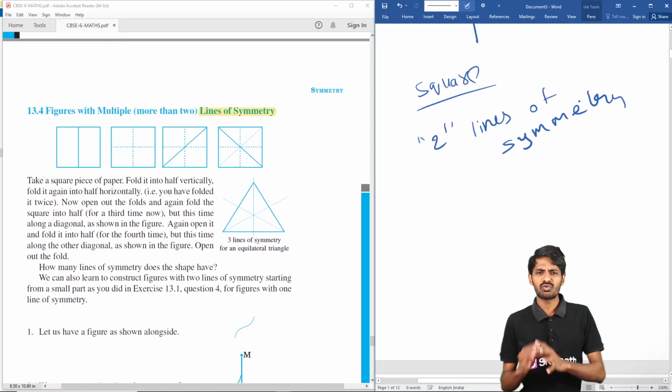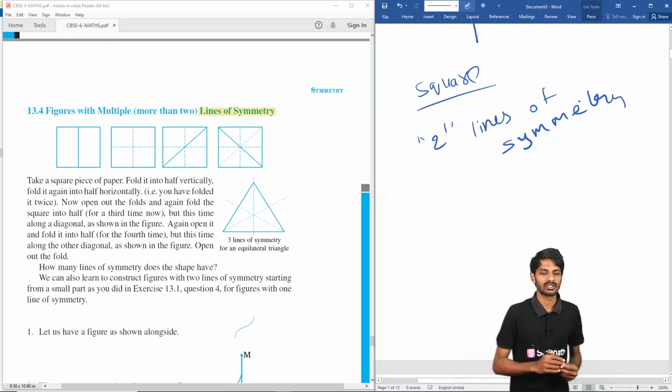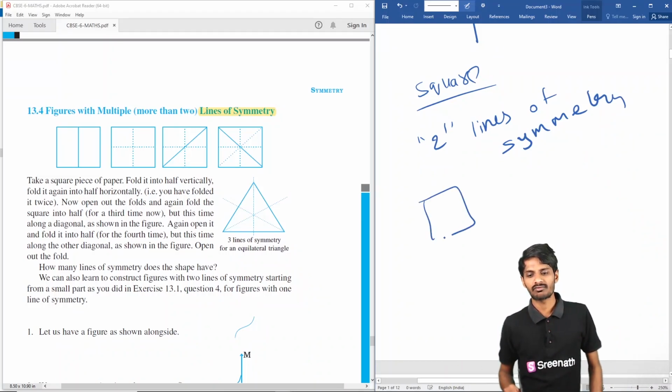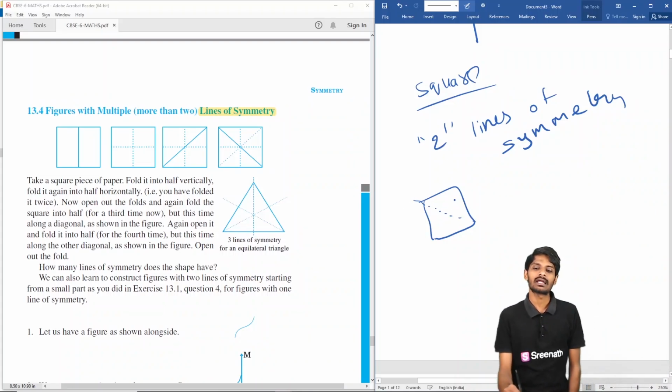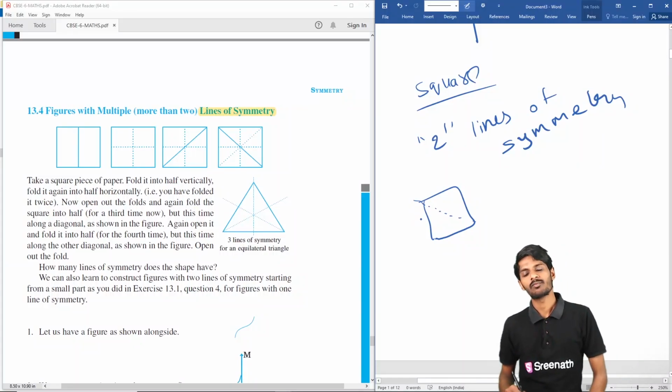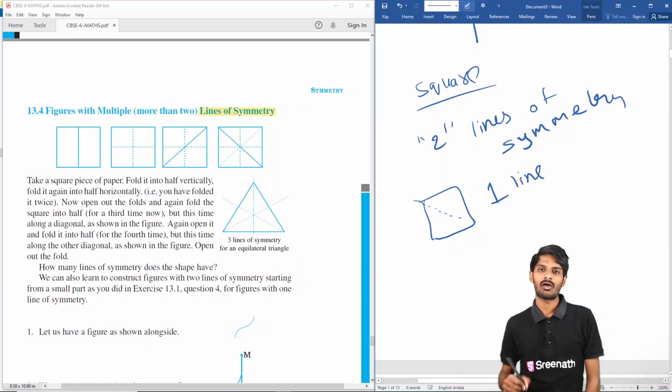Now unfold the whole paper. You will get a paper like this after unfolding. And now the square has diagonals, no? So draw a line along the diagonal and fold it along the diagonal and observe it. It is again symmetry. So you have one line of symmetry along the diagonal.